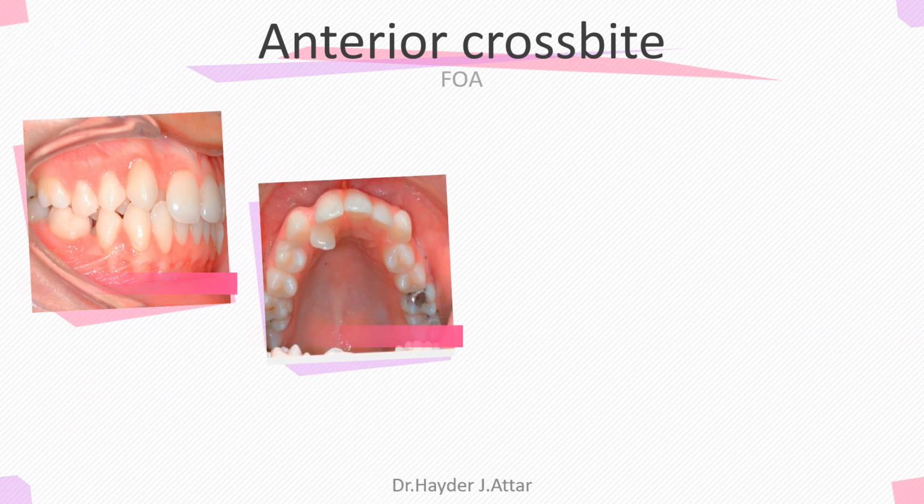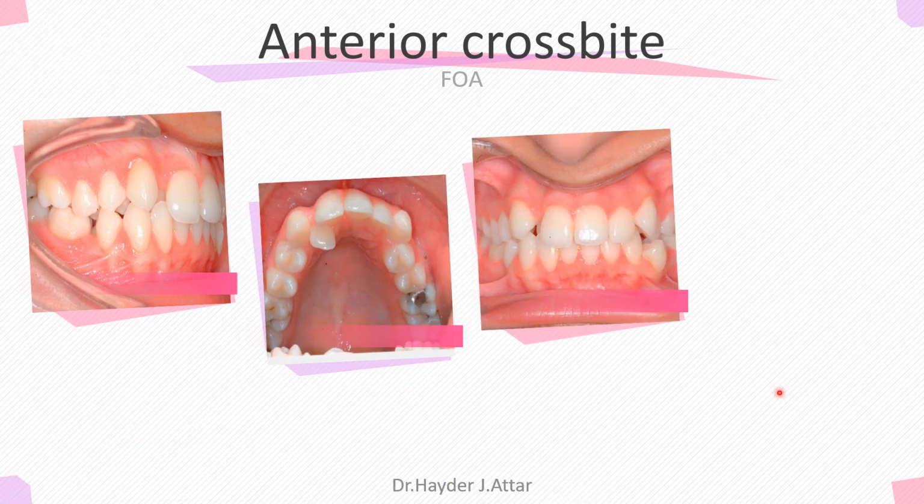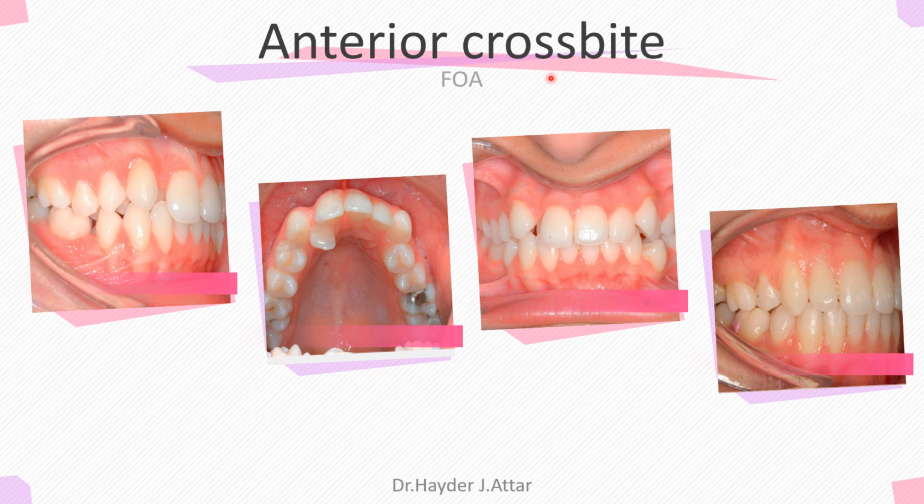The fixed orthodontic appliance for the correction of the anterior crossbite is used for correction of the blocked out lateral, as in this case, and the creation of a space for the crossbite lateral is a part of the comprehensive orthodontic treatment for the correction of the crowding in this case.